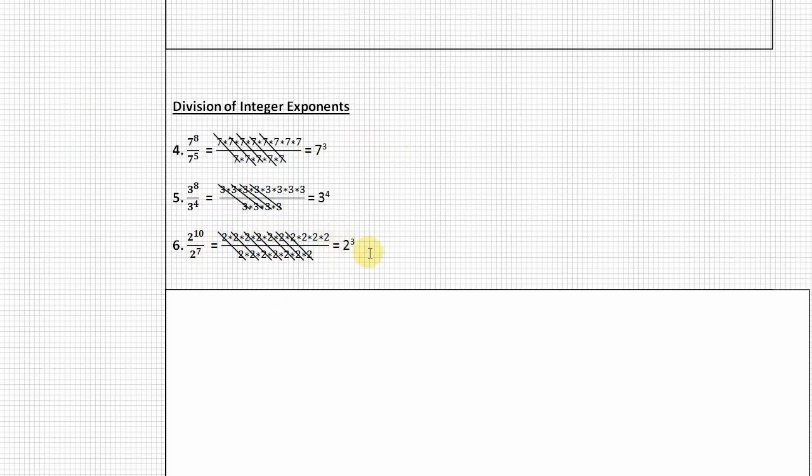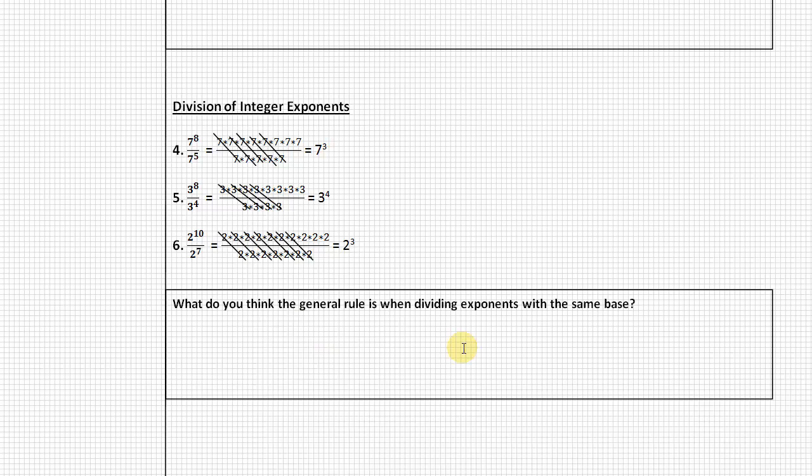So like we did with our problems in multiplication, I want you to look and see what patterns are emerging. What can we do to get from the original problem to our simplified problem? What rule might we use? Go ahead and record your thoughts below. And once you get that written down, that's going to conclude our video lesson for today.